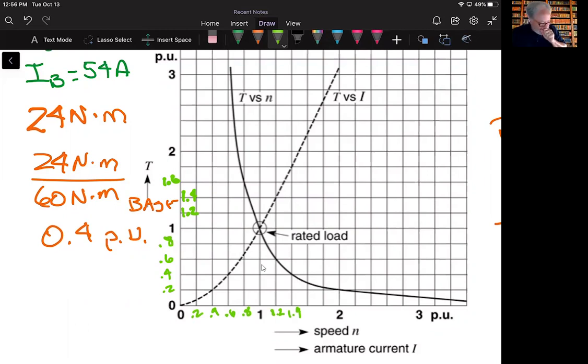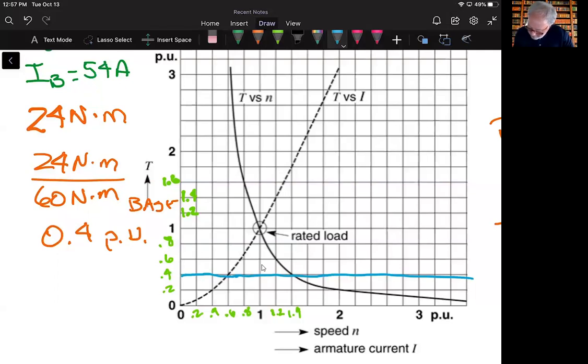Looking at the correct curve, a torque of 0.4 per unit is right here. And let's use a different color here. So I'm going to come out here, looking across here, 0.4 per unit.